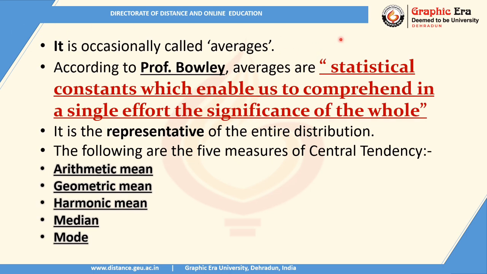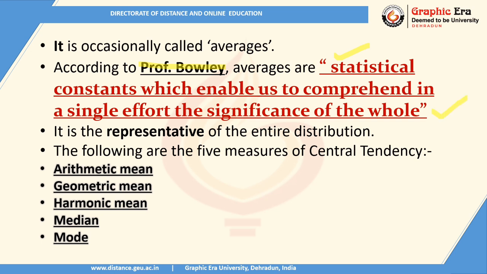Generally, we know that it is an average. According to Professor Bowley, averages are statistical constants which enable us to comprehend in a single effort the significance of the whole.